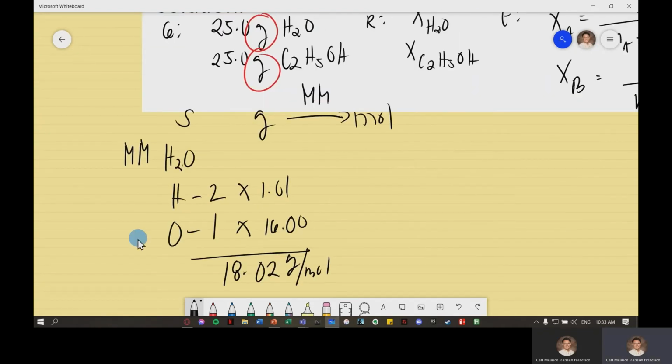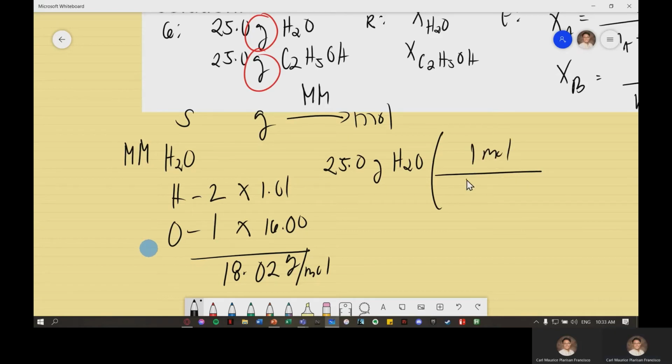So now that I have the molar mass for water, I may now convert 25.0 grams water all over 1 mole, 18.02 grams. Lagi pong tandaan na kailangan natin makancel ng gram, kaya ang unit na gram ay nasa denominator at laging nakapartner ang molar mass na value sa gram.